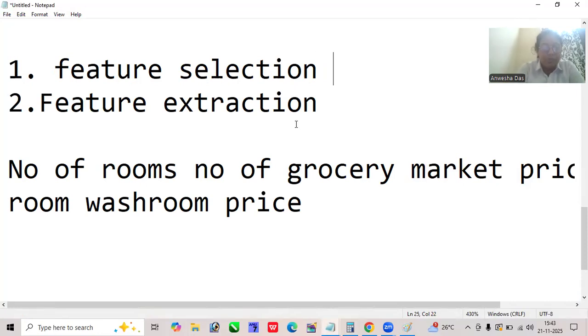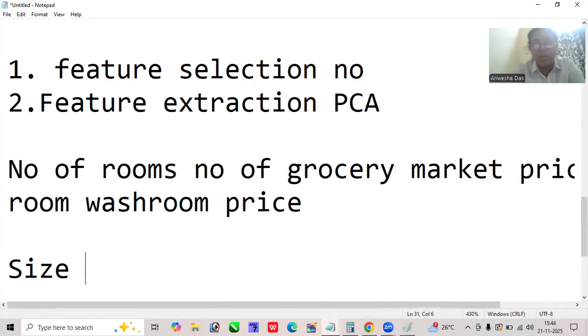Then we go for feature extraction. In feature extraction, there is a technique called PCA. One feature extraction technique is PCA. So instead of room and washroom, we can change the columns. We can write size, in which we have both the room and the washroom.